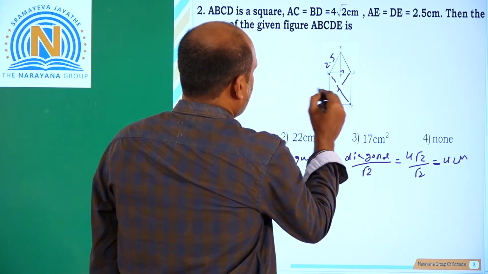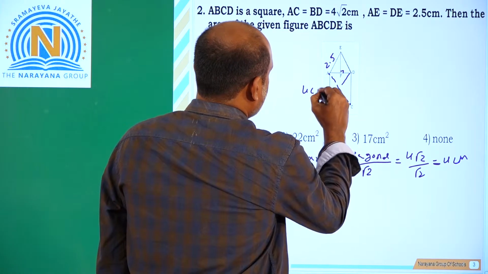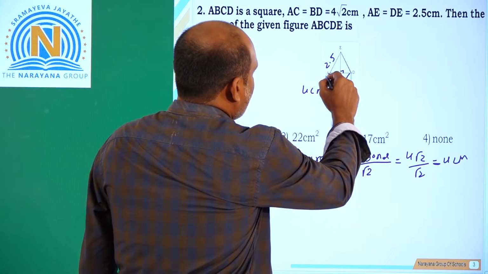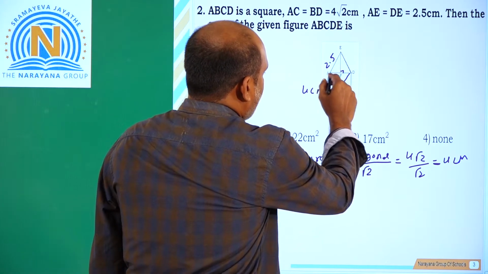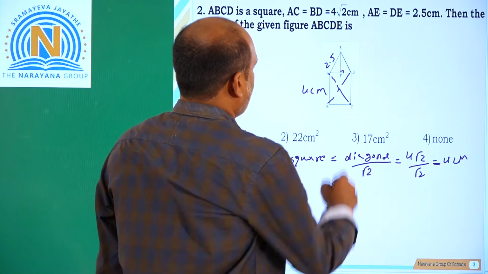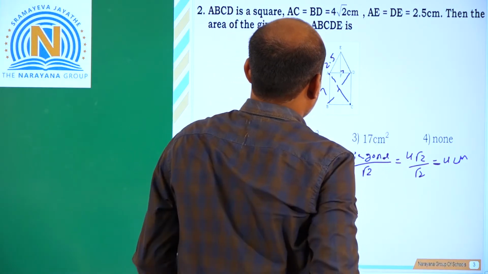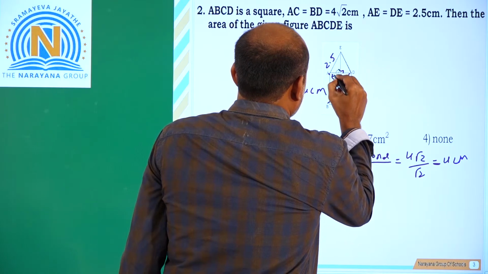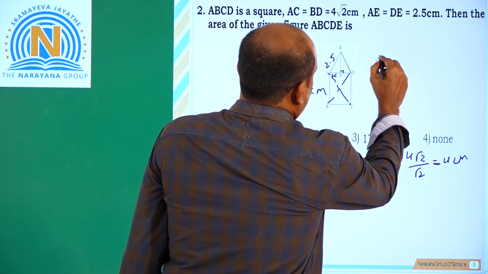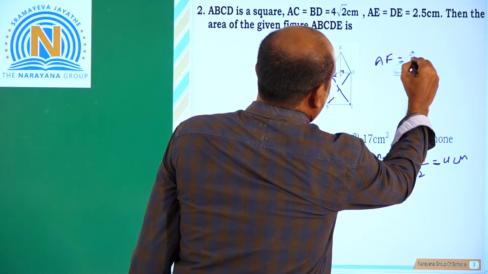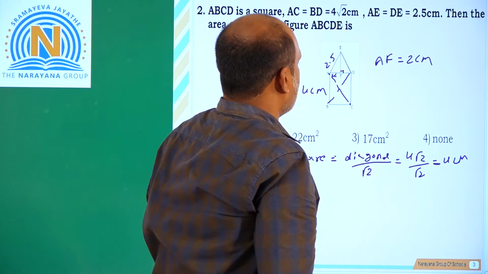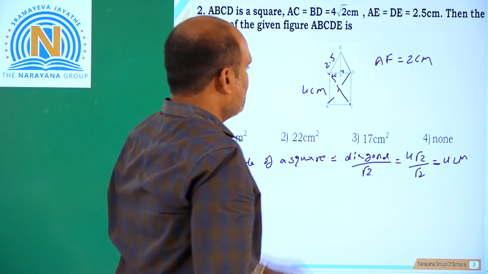So the side of the square is 4 centimeters, and AE is given. AD we know is 4 centimeters, and this is a perpendicular bisector, which means AF is equal to 2 centimeters. AE we know is 2.5 centimeters. Now we want to find EF.